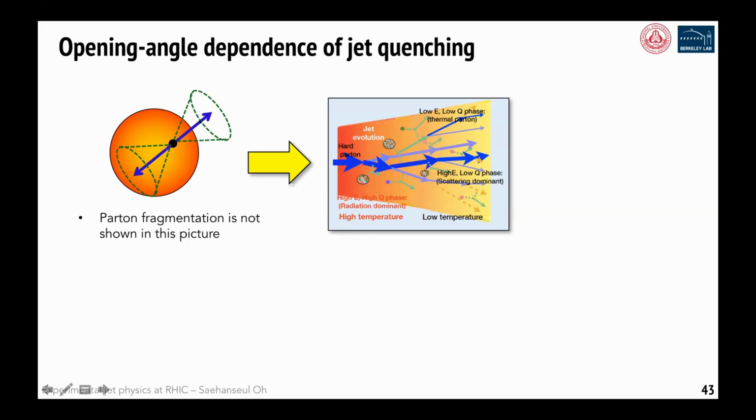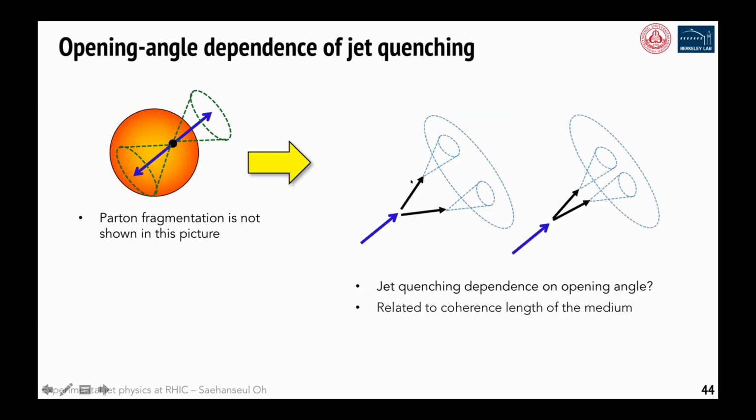I just made one line, a hard scattered parton, but in fact, this parton also evolves even before it hadronizes. The hard scattered parton fragments into another parton or gluon, and so on, until it hadronizes. Depending on how it fragments, it may have different structure.